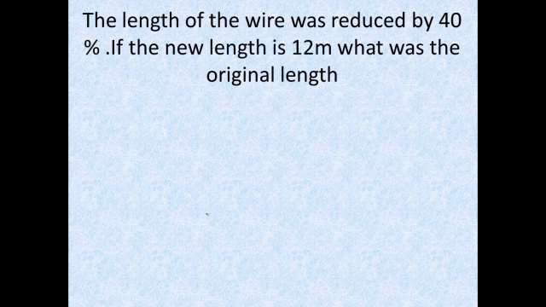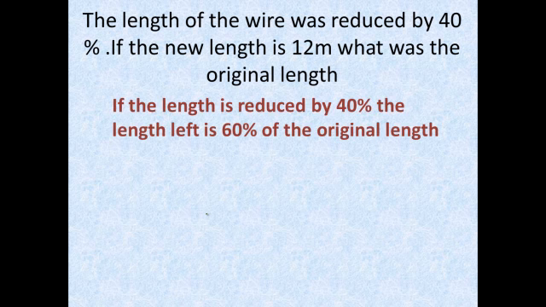The length of the wire was reduced by 40%. If the new length is 12 meters, what was the original length? If the whole length of the wire was 100% and it was reduced by 40%, that means you are left with 60% of the original length, and 60% of the original length is actually 12 meters.